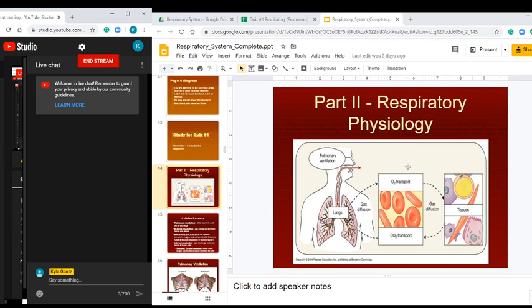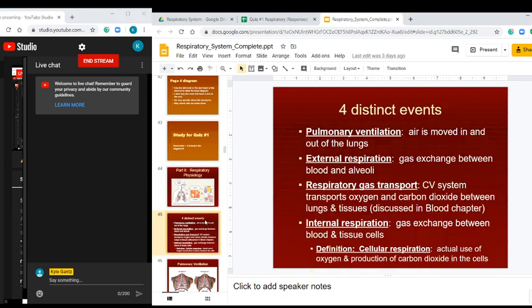So, here we are at this physiology portion. Now, this can be broken down into 4 different events. The ventilation part of it is just air moving in and out of you.